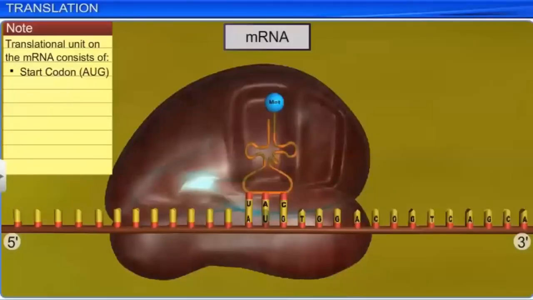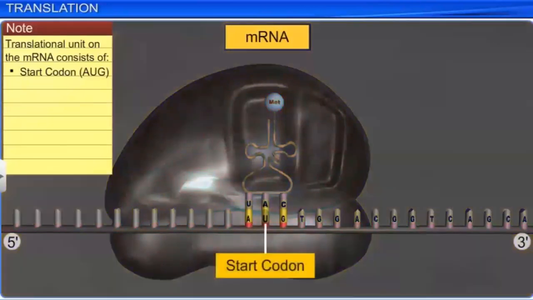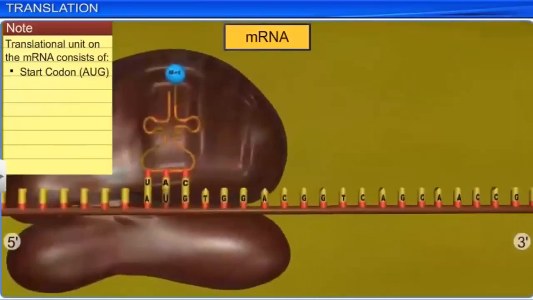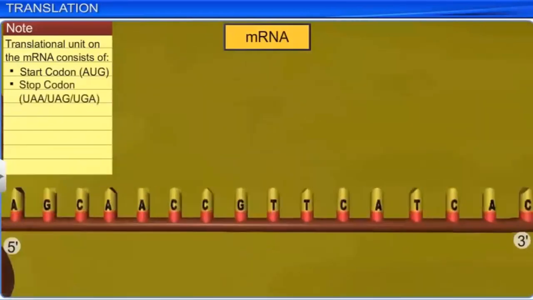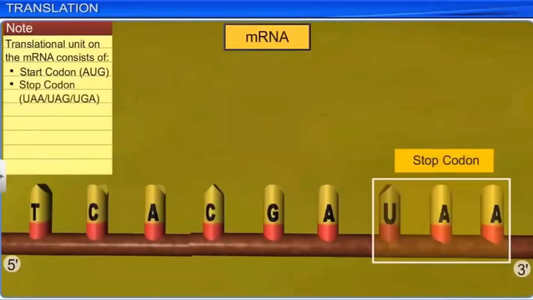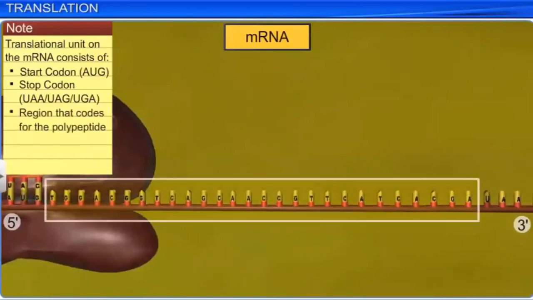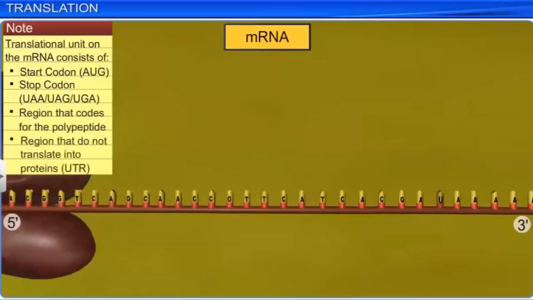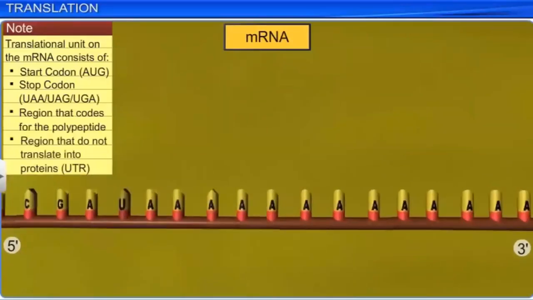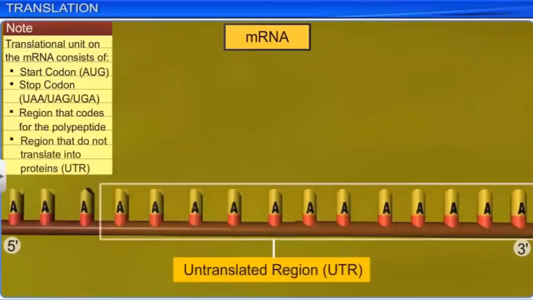Another component in translation is mRNA, which consists of the start codon AUG that codes for methionine, the stop codon, which is either UAA, UAG, or UGA, a region that codes for the polypeptide, and regions that are not translated into proteins called untranslated regions or UTRs.